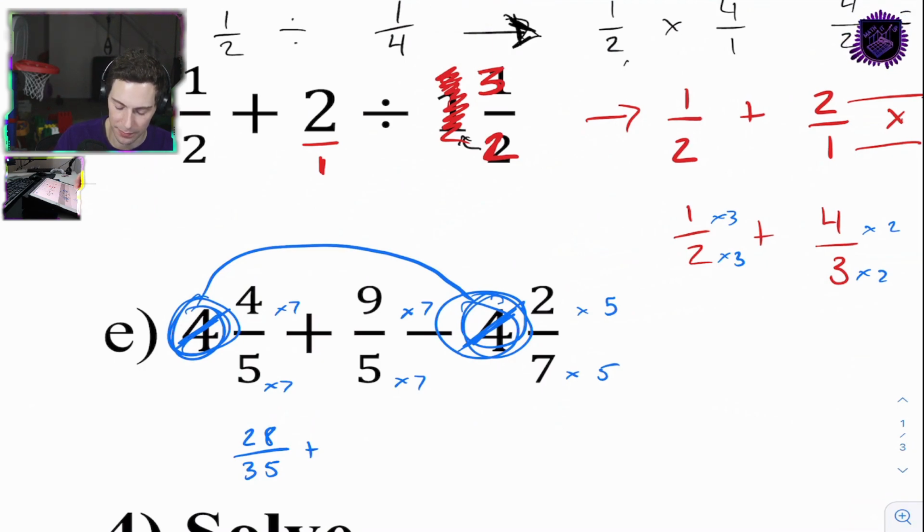oh my goodness, plus 9 times 7 is 63 35ths minus 10 35ths, which is going to be equal to, excuse me, 81 35ths.